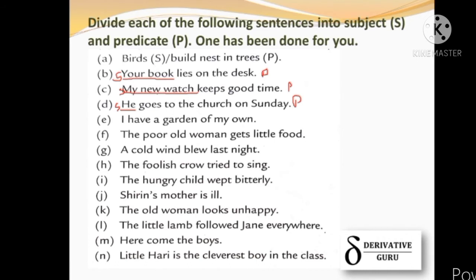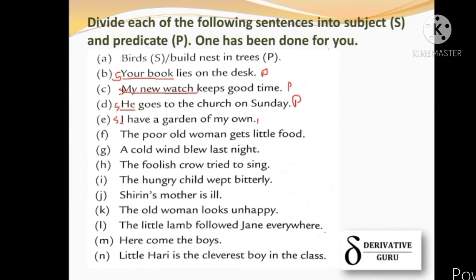I hope this is pretty clear to you. So let us see the next one. I have a garden of my own. So here I'm talking about I, which becomes the subject. And have a garden of my own becomes the predicate.